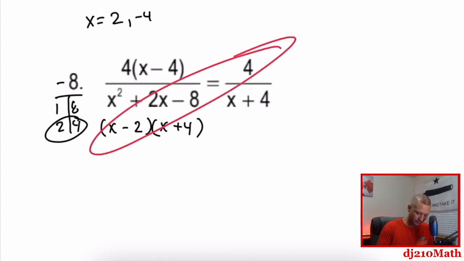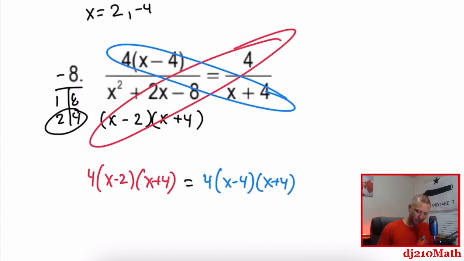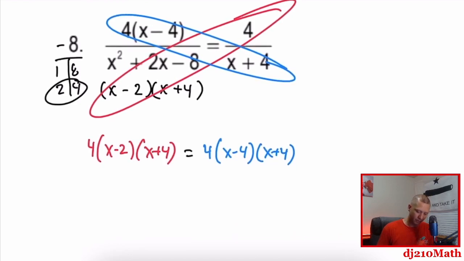Multiply here. This is 4, x minus 2, x plus 4 equals this way, 4, x minus 4, x plus 4. All right.